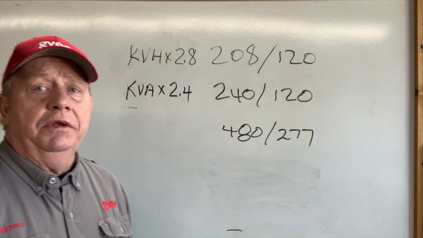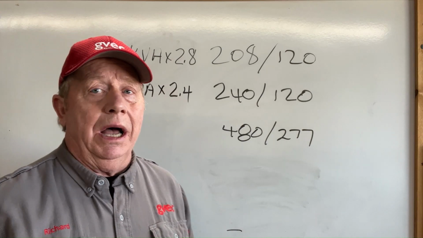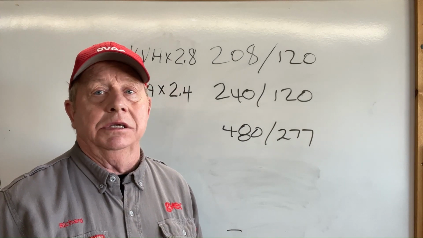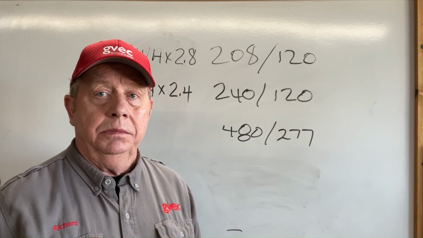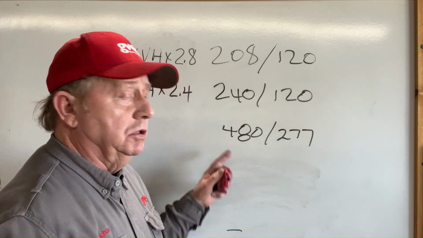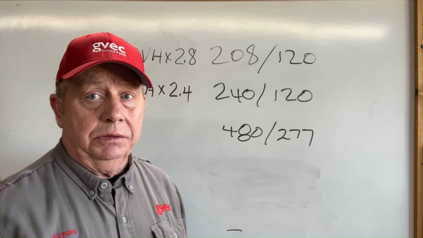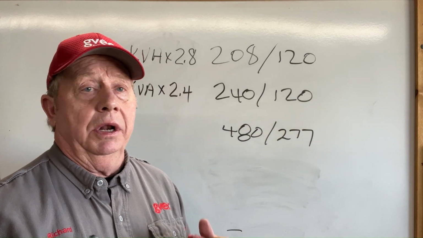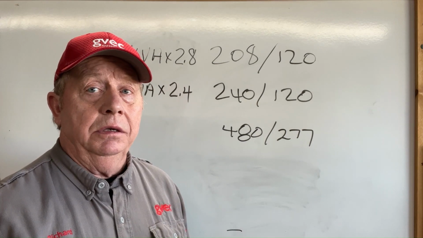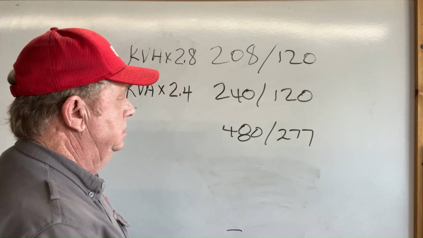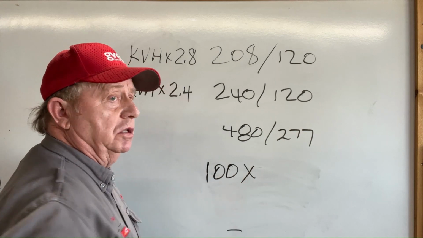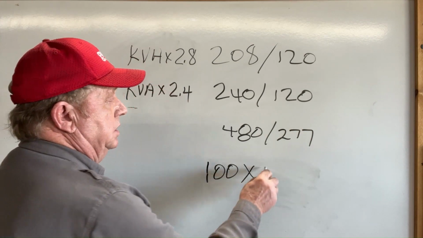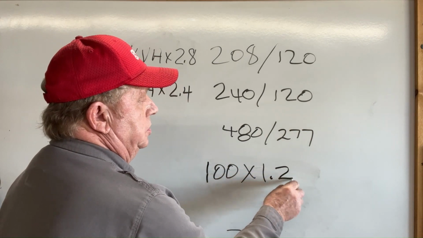Now we'll do 480 volt, and I don't care whether it's Y, delta, grounded corner, doesn't matter. Phase-to-phase voltage is 480. The multiplier will be constant. So we're going to have that same 100 kVA transformer bank, and the multiplier at 480 is 1.2.